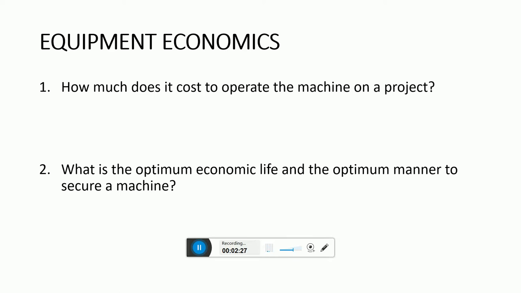The first question, how much does it cost to operate the machine on a project, is critical for bidding and operation planning. The only reason for purchasing equipment is to perform work that will generate a profit for the company. This question seeks to identify the expenses associated with productive machine work and is commonly known as ownership and operating cost.